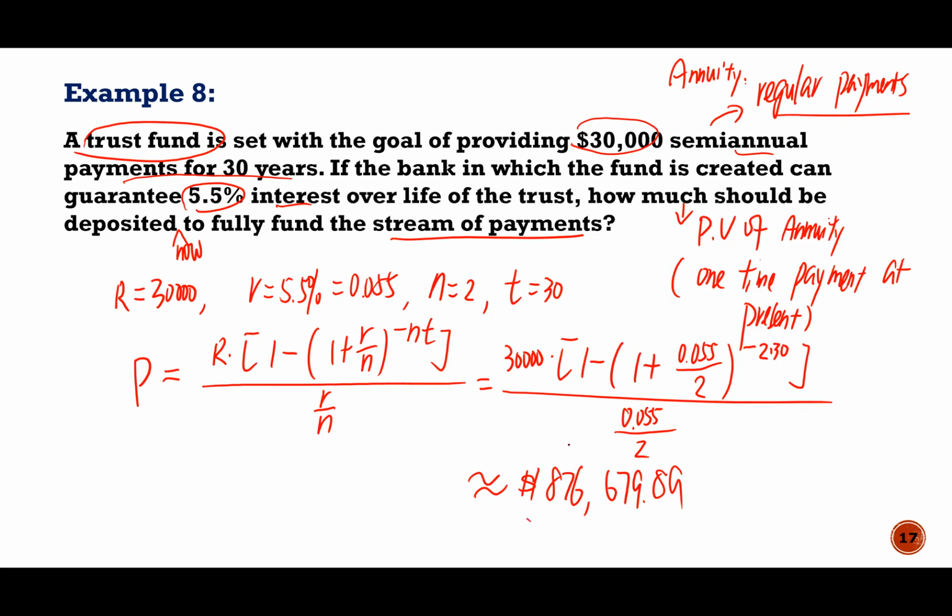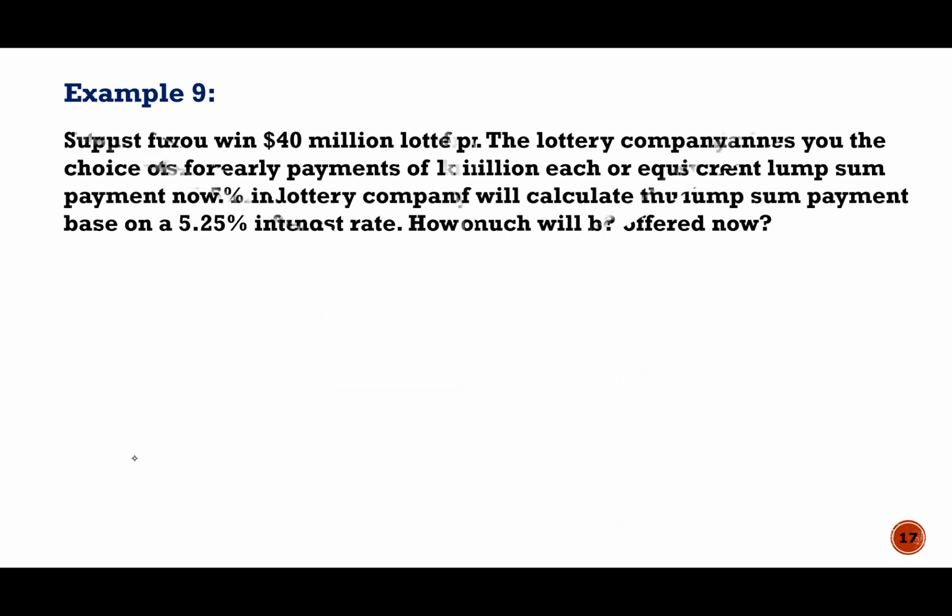Okay, and the follow-up question is, let's say you invest this amount of money and your payout is actually more than this. So if you want to calculate the total interest earned in this account, how would you do that? Let's look at it, right?